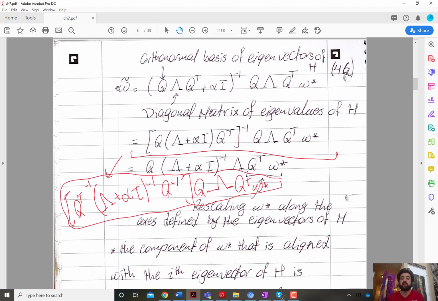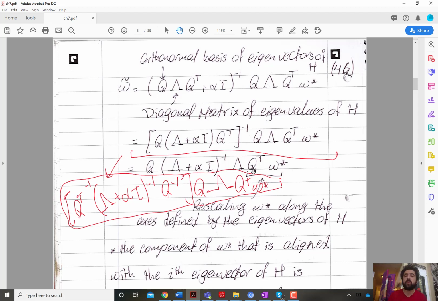But just to give you a glance at what we will have, think of this Q transpose omega star as a projection. Remember what omega star is? Omega star is the minimum of the unregularized function. And Q is a basis of eigenvectors of H, right? I project omega star along this new basis of eigenvectors of H, and then we do some manipulation, right?